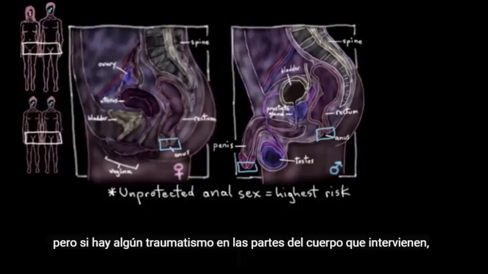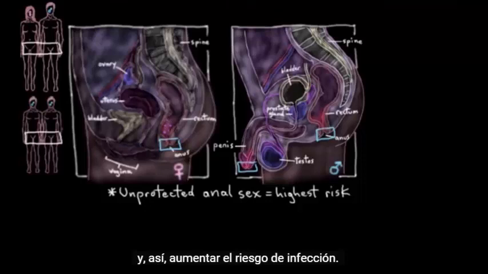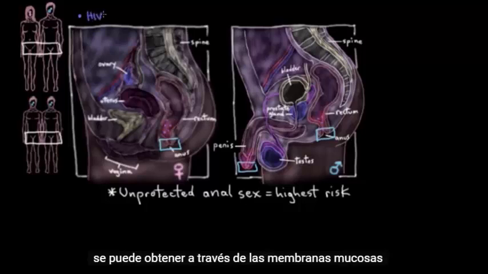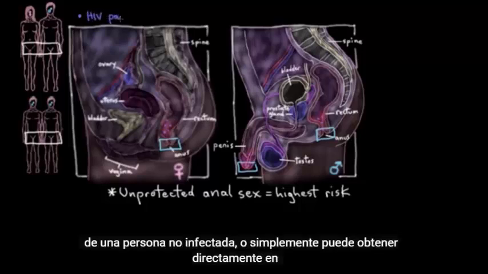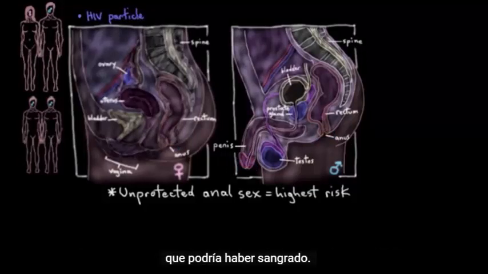But if there's any trauma to the involved body parts, there can be some blood there as well, and that might have virus in it and thus increase the risk of infection. Virus from infected sexual fluid or blood can get across the mucous membranes of an uninfected person, or it can just get directly into a person's bloodstream through an area that might be bleeding.